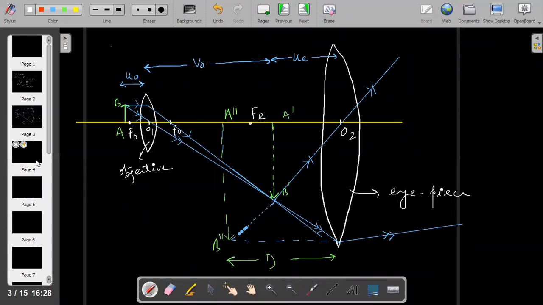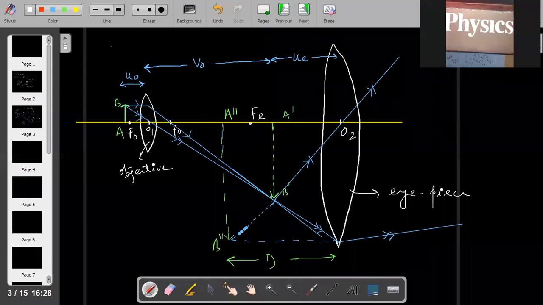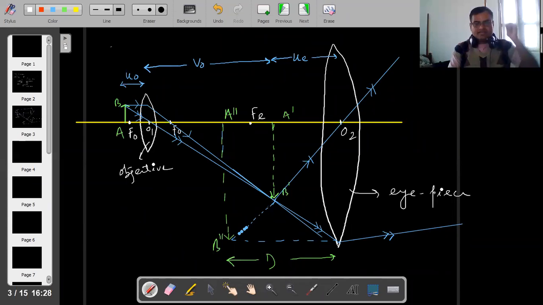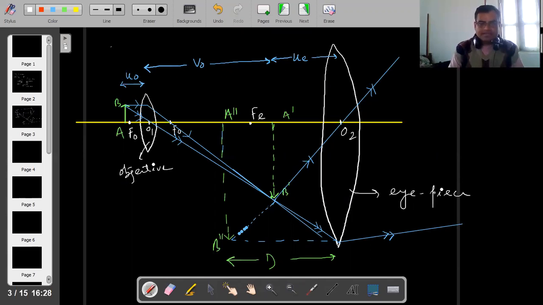Working: when object AB is taken very close to the focus of objective, AB.